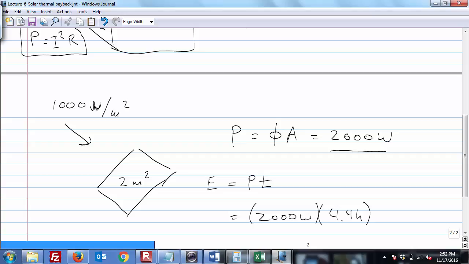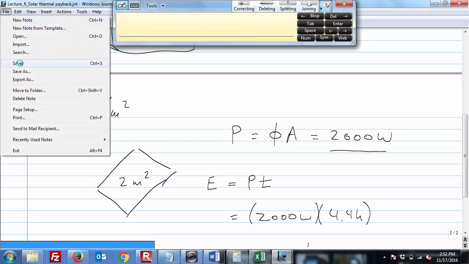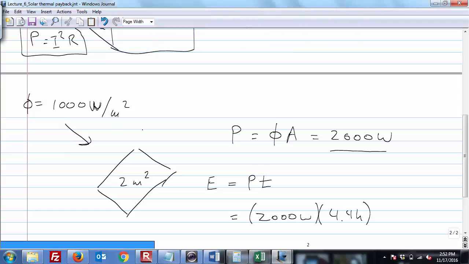So the power, I just wrote this out as phi. Phi is the power density or the solar flux. So P equals the solar flux times the area. We know that we're at 1,000 watts per square meter, 2 square meters, so that's the power of the system.